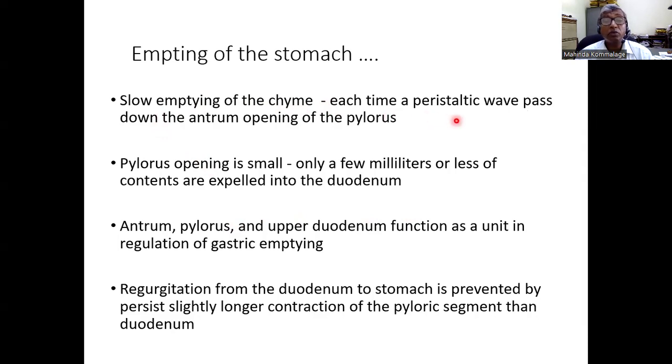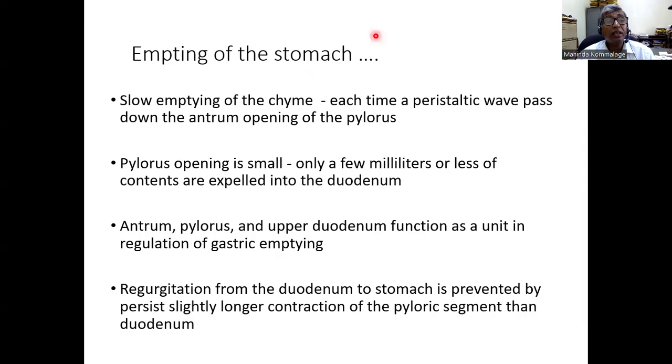Each time a peristaltic wave passes to the antrum, the pylorus will open a small amount and chyme will go to the duodenum. The pylorus is that valve we call the pyloric sphincter or pyloric valve, opening very small, only a few millimeters or less, and content will be expelled to the duodenum.